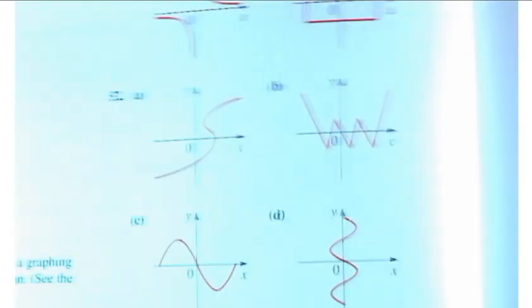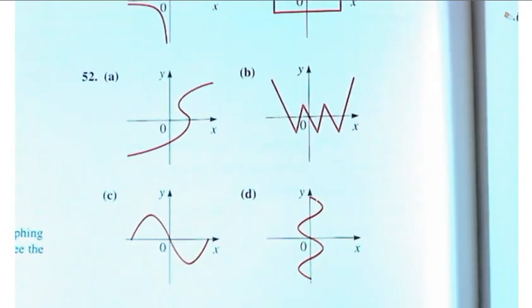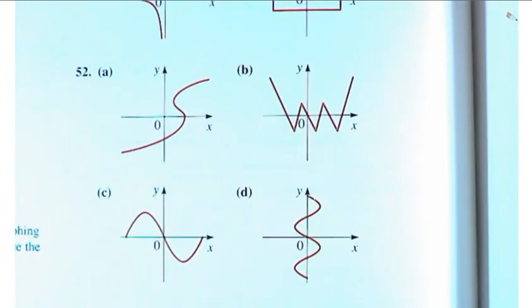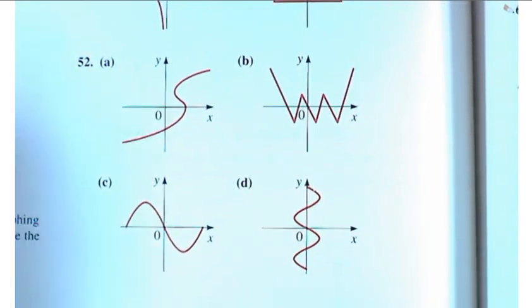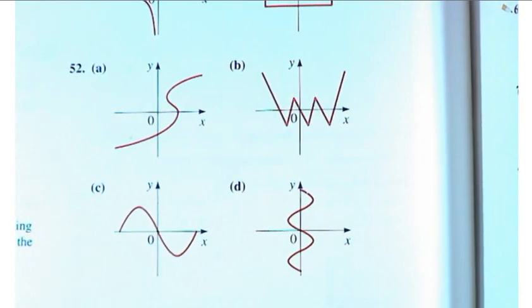Now this whole chapter is going to be loaded with information about functions, but one of the things you need to determine is whether or not something is a function. How can you tell based on the graph if it's a function or not? A vertical line test. Good.